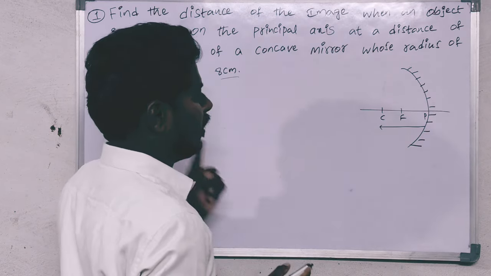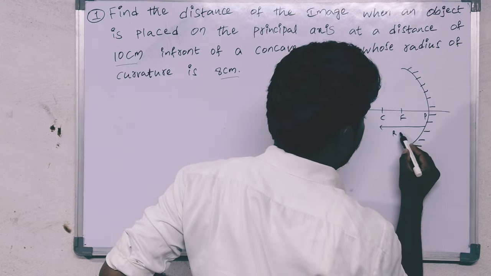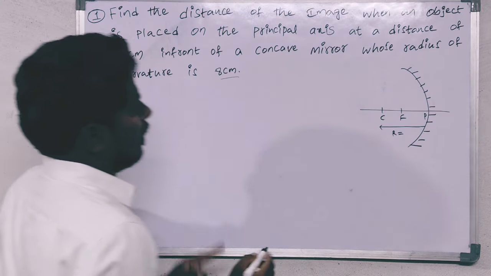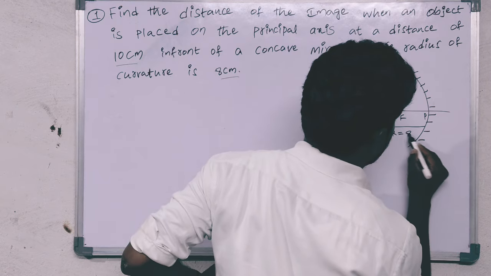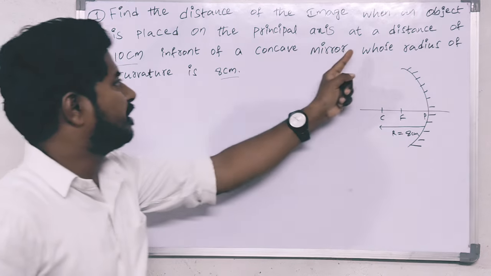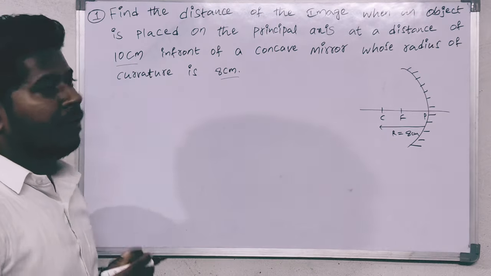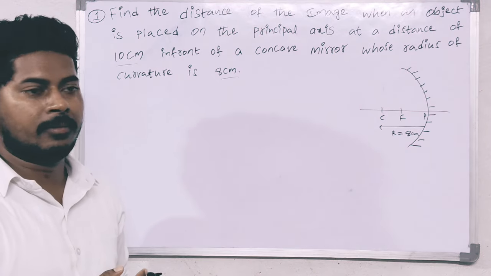It is denoted by capital R. Capital R equals 8 centimeters. And the object distance is given, that is 10 centimeters.